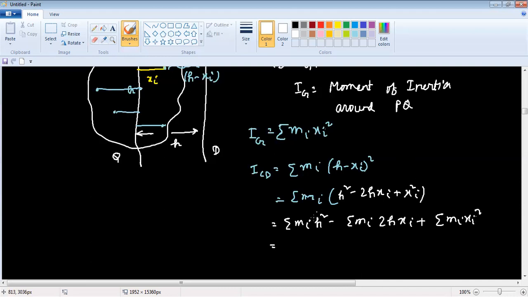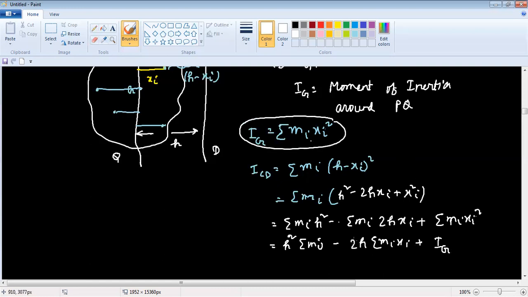Here h square is a constant that doesn't depend on the position of the particle. This is fixed, so h square can be taken out of the summation of mi. And 2h is also constant, so 2h is written outside, leaving summation of mi xi, plus Ig. We know this is Ig here.